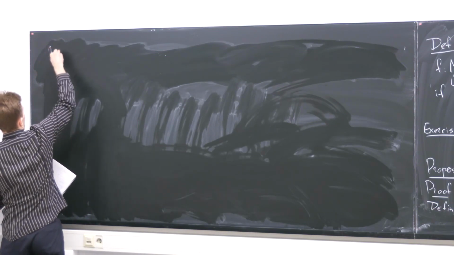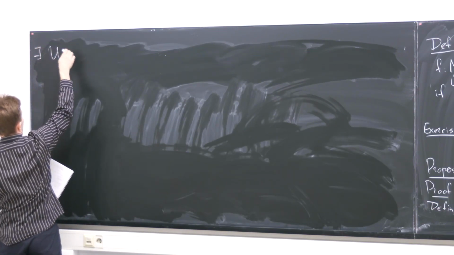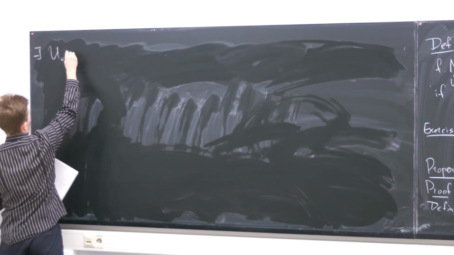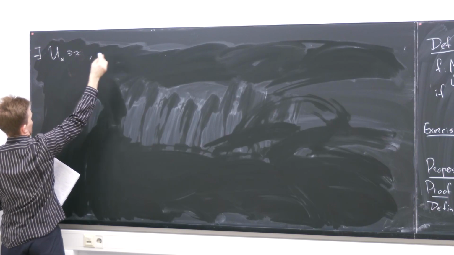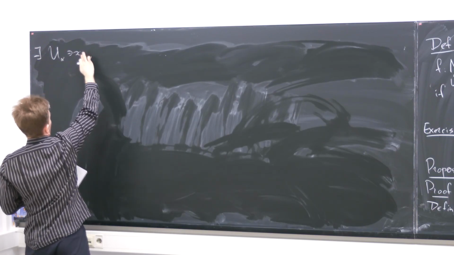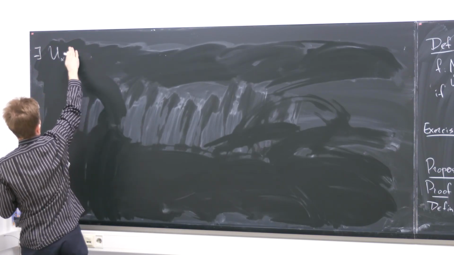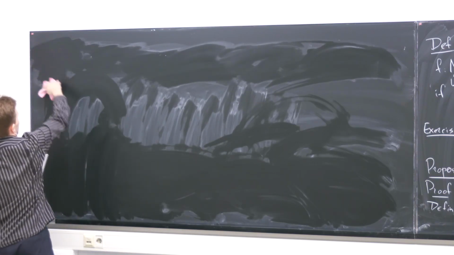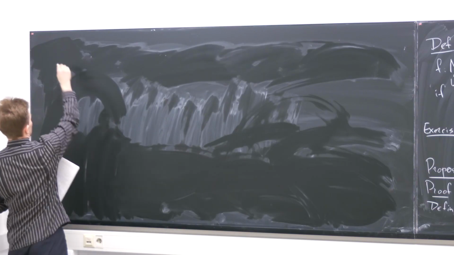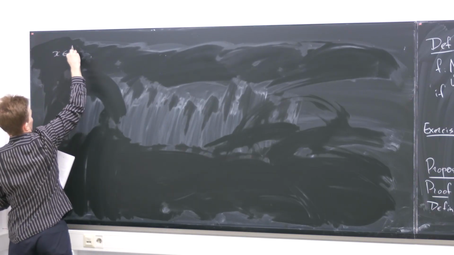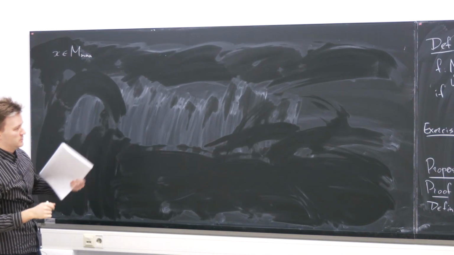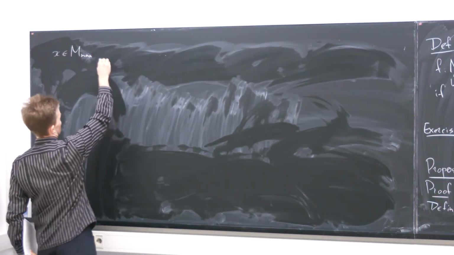So let's take some point x in this M maximal and prove that M maximal contains some neighborhood of this point.